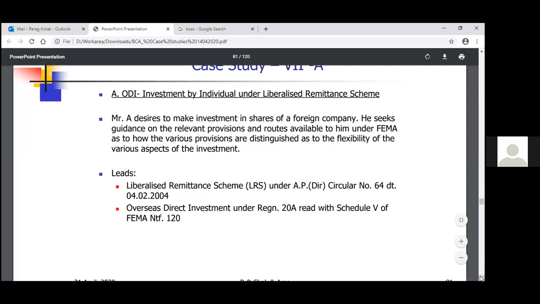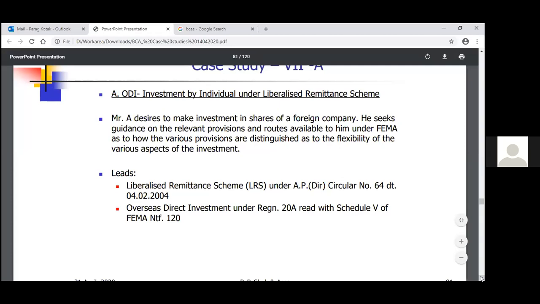The only plus point we found, probably by all of us, is in the area of portfolio investment. Notification 120 clearly says that the law applies to overseas direct investment by purchase of shares and subscription of shares, but does not include portfolio investment. So when the law says that it does not include portfolio investment, does it mean portfolio investment can be made or cannot be made?